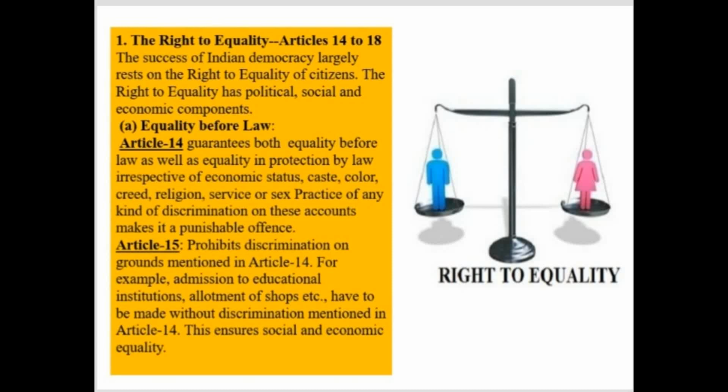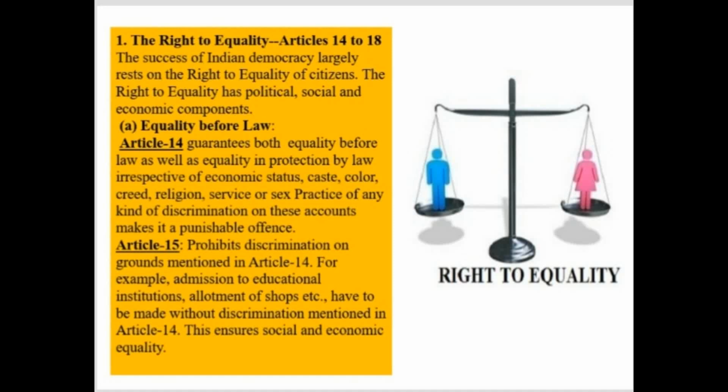As we have discussed in the earlier slide, there are different categories of fundamental rights. Among these, let us begin with the first fundamental right, called the right to equality. The very first fundamental right guaranteed is the right to equality, and these fundamental rights are placed in the Ninth Schedule and the third part of the constitution.